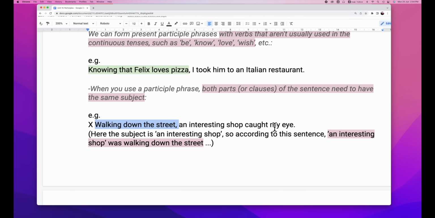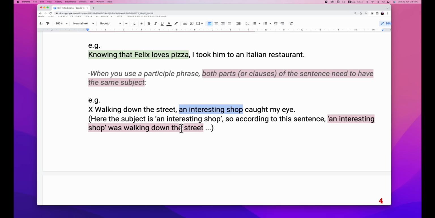Of course, it's talking about yourself. However, in the second part, an interesting shop caught my eye, the subject is an interesting shop. So in this case, it means an interesting shop was walking down the street, which is completely different from the original meaning. This could not use a present participial phrase.